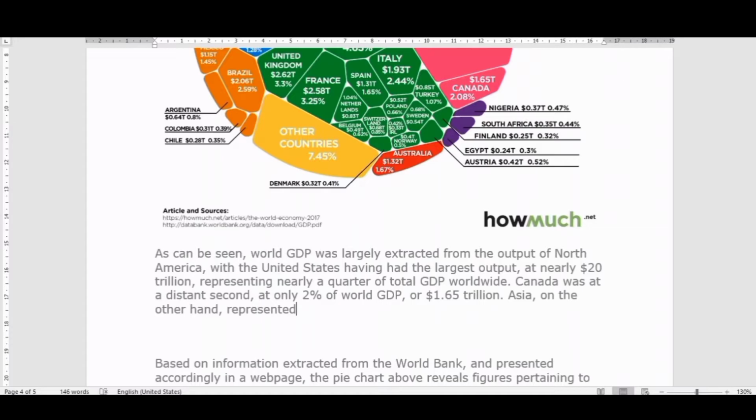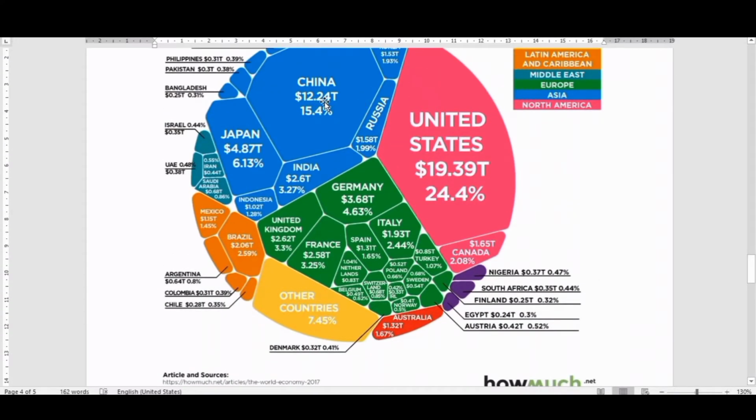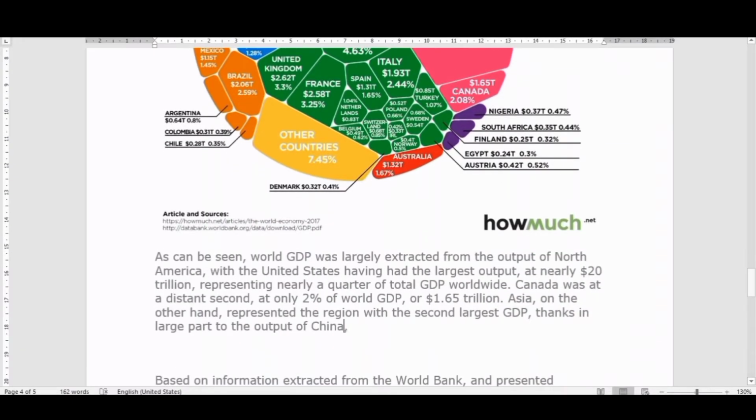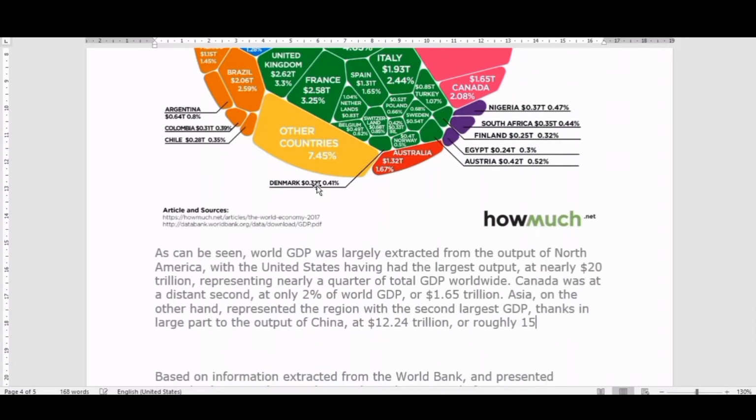Asia, on the other hand, represented the region with the second largest GDP, thanks in large part to the output of China, there at 12.24 trillion, or roughly 15% of global GDP.